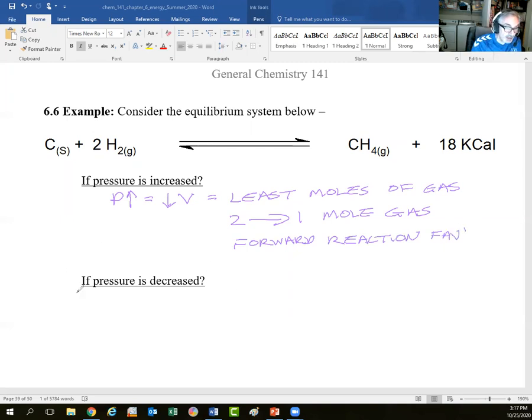Alternatively, decreasing pressure. A decrease in pressure, if you stop pressurizing someone, you back off them, you give them more space, just like giving chemicals more space. And so with more space, when pressure is decreased, you favor the reaction with the most moles of gas.